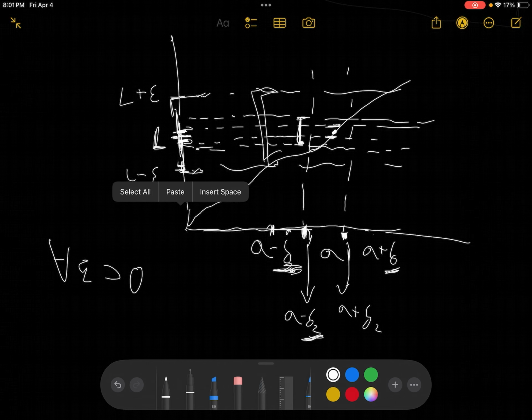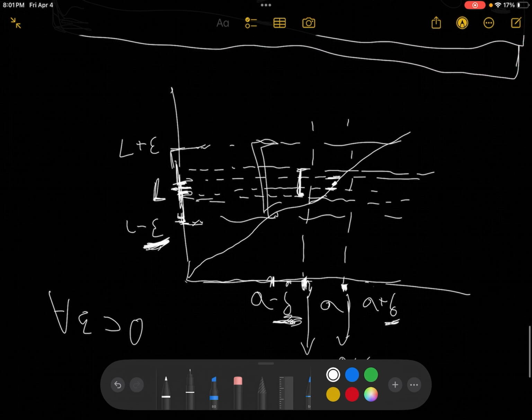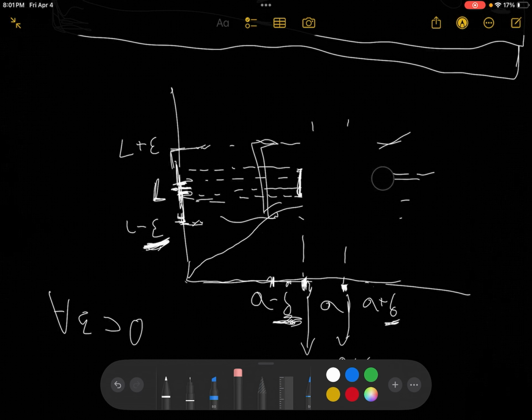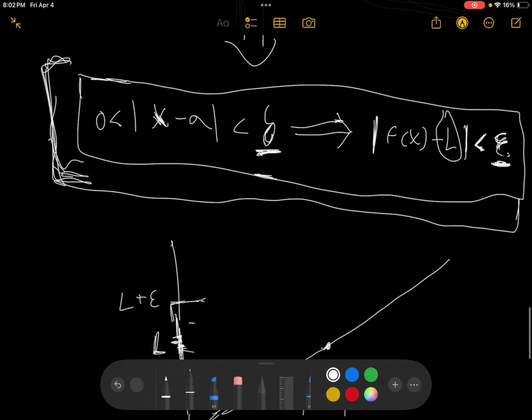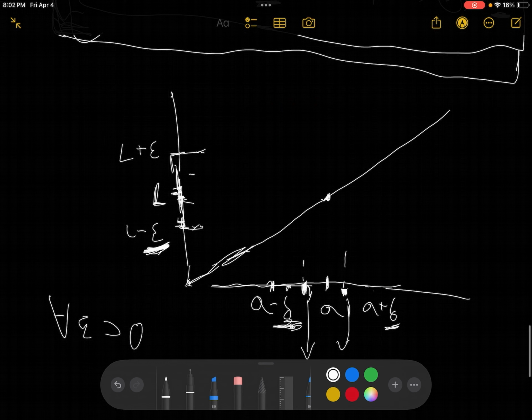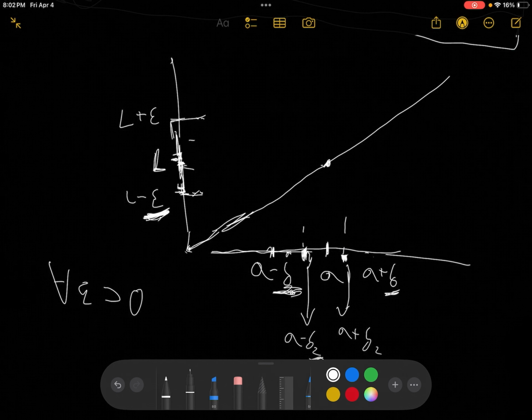On the other hand, for delta, it doesn't really matter how small the radius around A is. For instance, if we have this function, we know that the limit as x approaches A is L. So if we want to verify this using this implication up here, we know that we're going to have to be taking increasingly smaller values of epsilon.